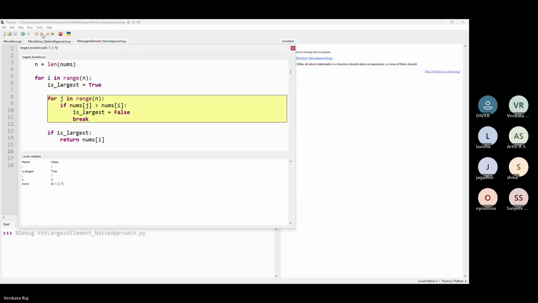The first element is compared with all the remaining elements in the array, which means 0 versus 1, 0 versus 2, 0 versus 3. But in 0 versus 1 itself, we found the 0th element is smaller. So we need not compare 0 versus 3, 0 versus 4 and so on. We can cut that for loop and move to the first element.